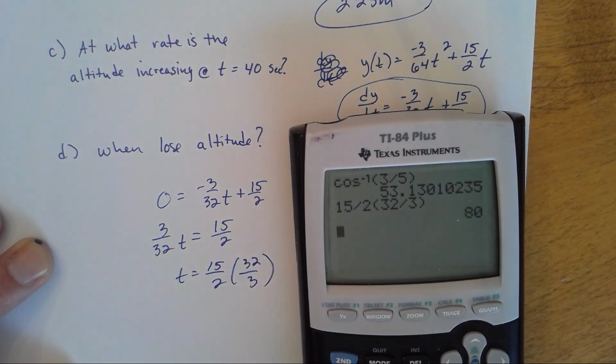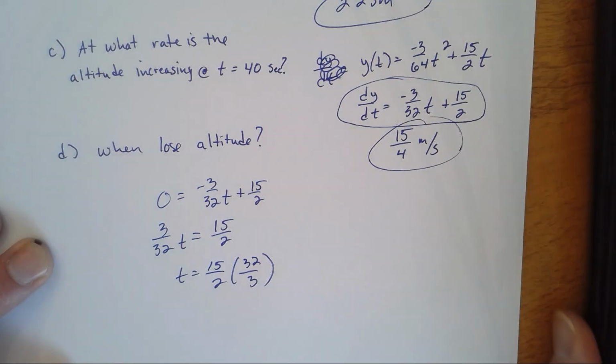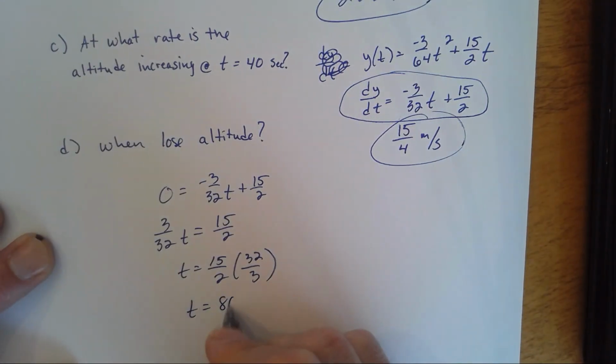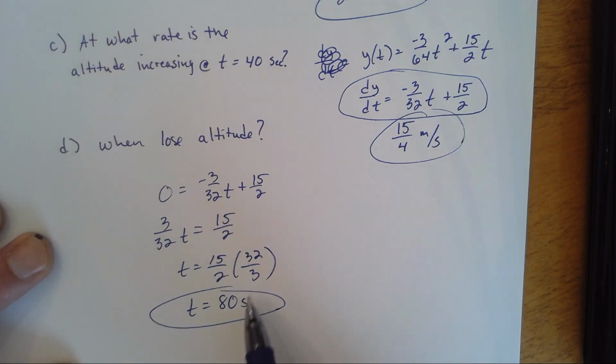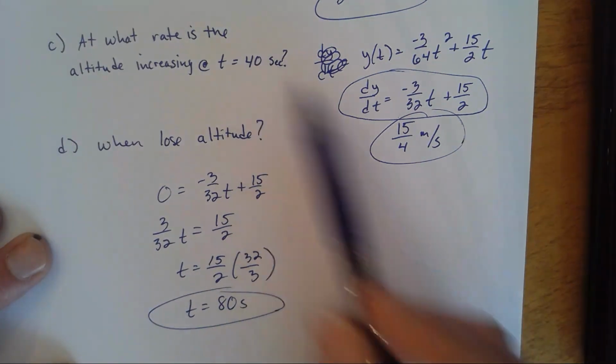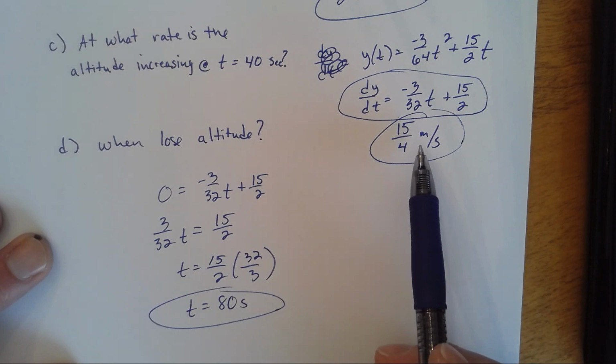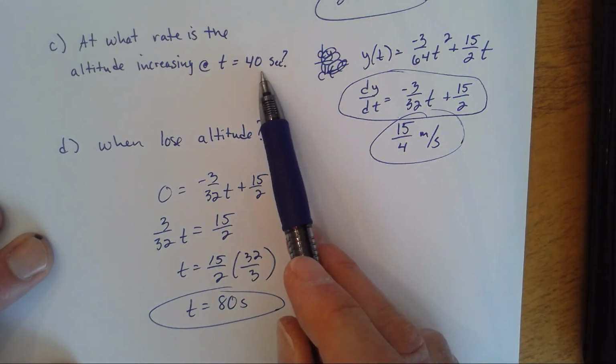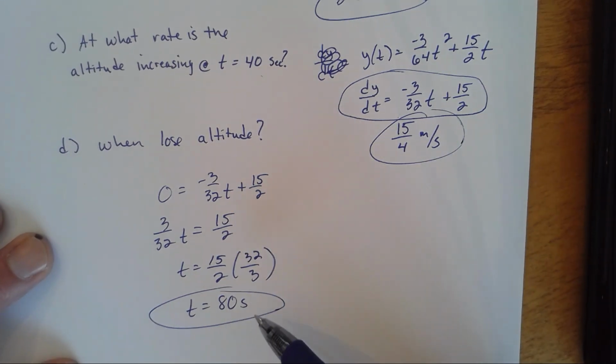I've got 80 seconds there. So it makes sense that our time is greater than 40 because it was still increasing at 40 seconds. So we knew it was going to be beyond 40 if we did everything right. So it looks like it peaks when it's at 80 seconds.